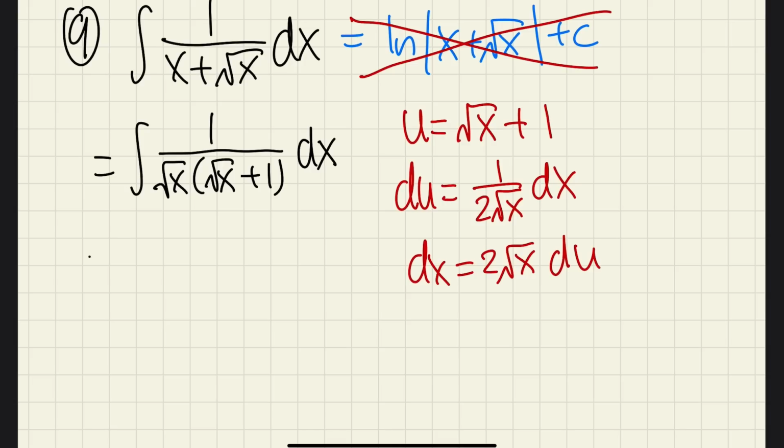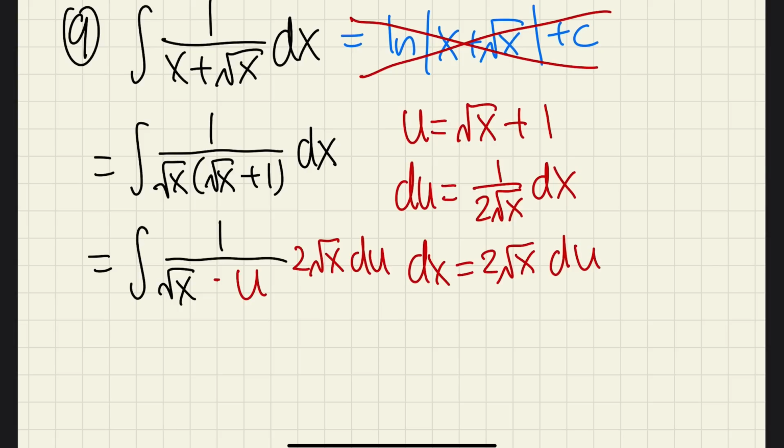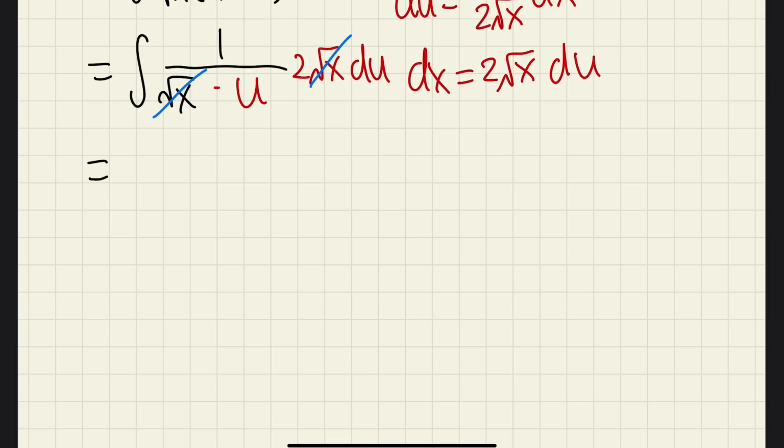So if we take this to the u world, we have the integral 1 over the square root of x, and then here we have the u, and then dx is the 2 square root of x du. Works out pretty nicely, right? Because the square root of x and that square root of x cancel out very nicely. So now we can put the constant multiple all the way in the front.